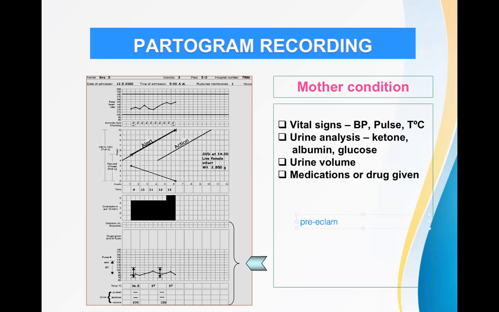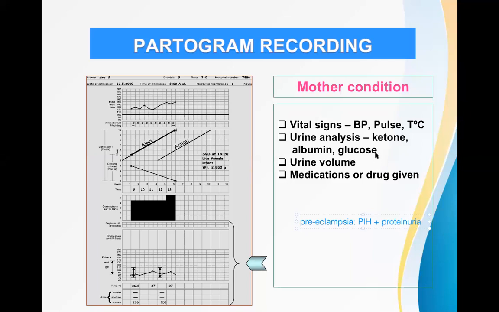Preeclampsia, also known as preeclamptic toxemia. It's the same thing. It's a combination of PIH. PIH means pregnancy-induced hypertension, with proteinuria. Proteinuria means albuminuria. So we want to rule out preeclampsia.